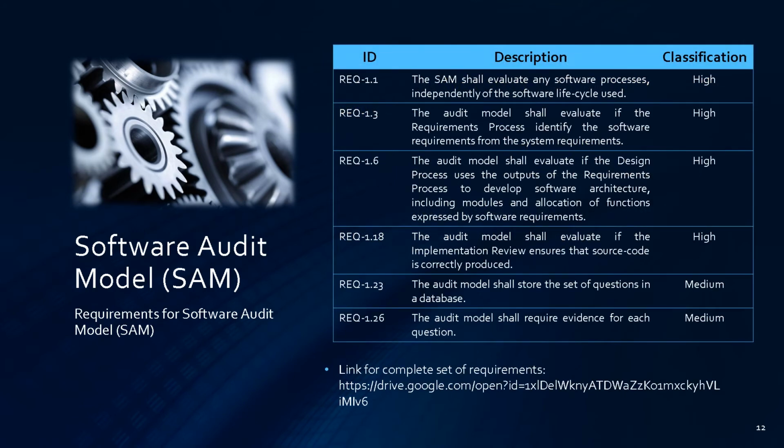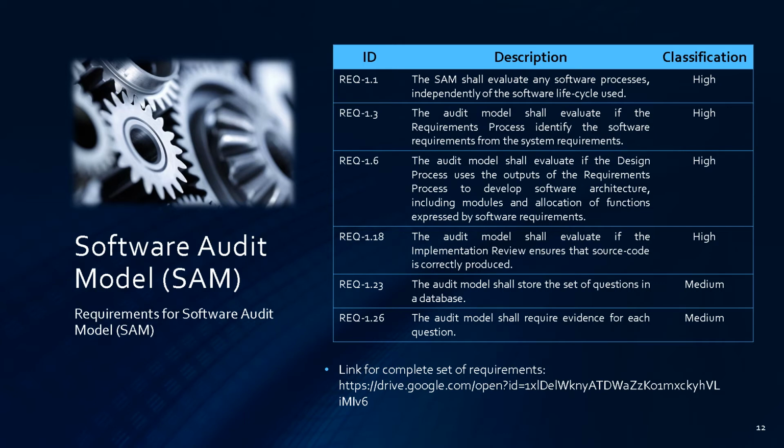A total of 26 requirements were identified for the proposed software audit model. Here I present a sample of them. Requirement 1.1 is related to the software audit model as a whole, and I have classified it as high based on its relevance.